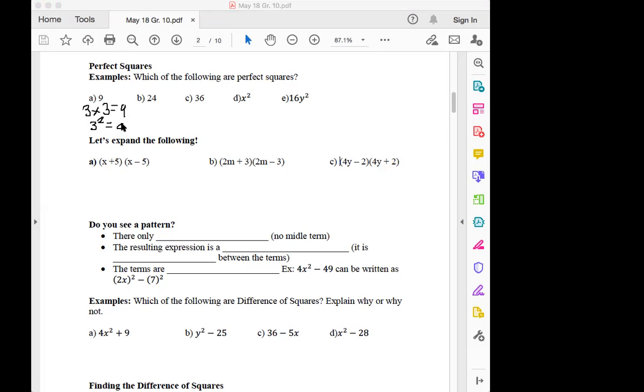We look at 24 for our next example. No number multiplied by itself will ever give us 24, so this is not a perfect square. But if we look at 36, 6 times 6 gives us 36, so 6 squared gives us 36.